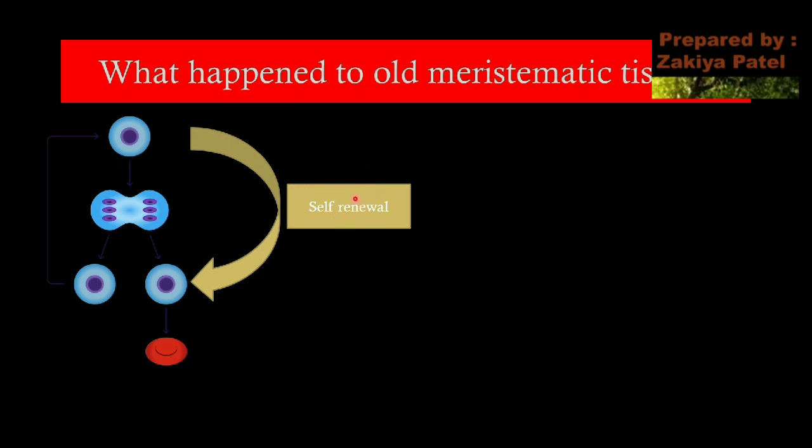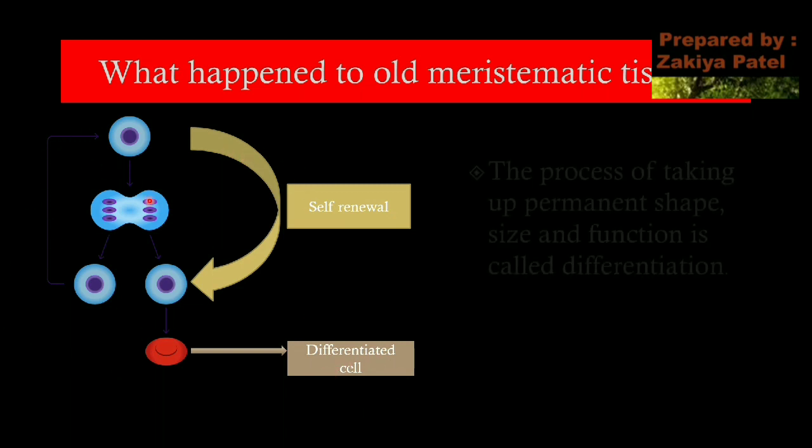Now, after these meristematic cells become old, they lose the capacity or ability to divide and become differentiated cells. This whole process is called differentiation. What is differentiation?